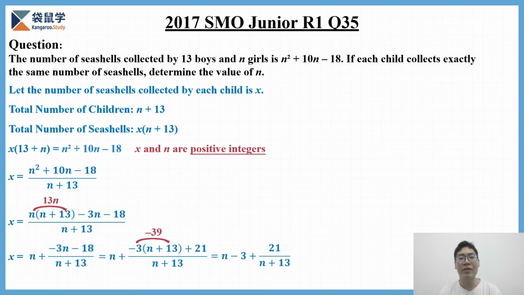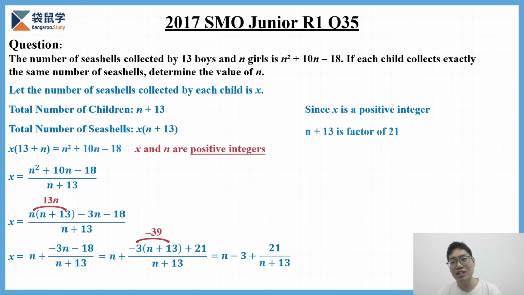In this case, we will get n minus 3 plus 21 over n plus 13. From what we have discussed just now, we know that x is a positive integer. This means that n minus 3 is also a positive integer, which also means that 21 over n plus 13 is also a positive integer. And this also means that n plus 13 is a factor of 21.